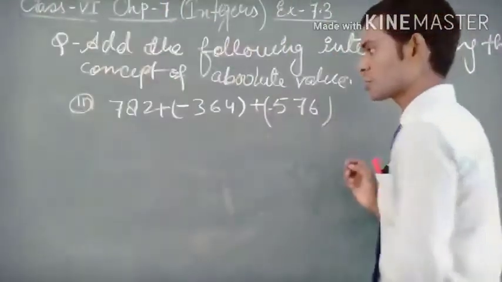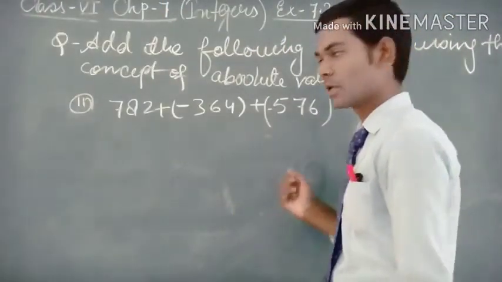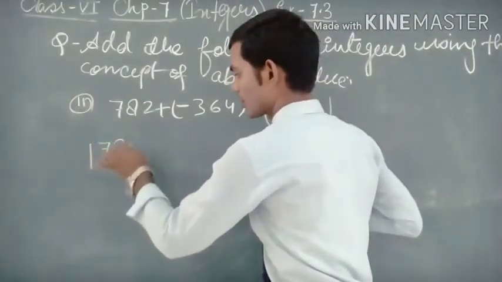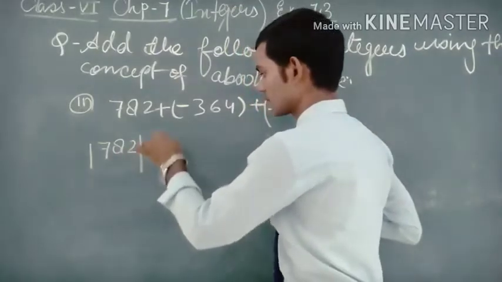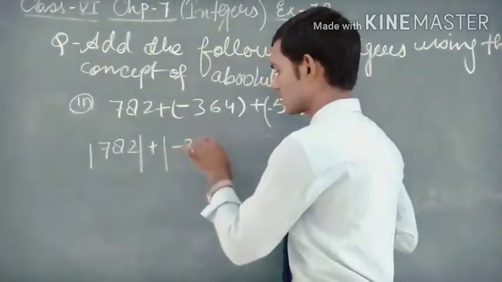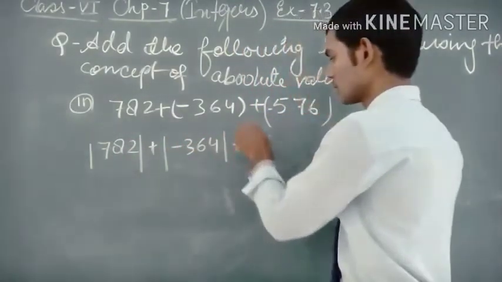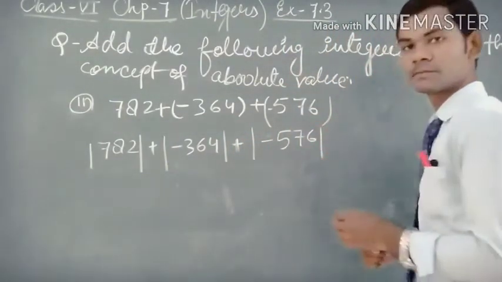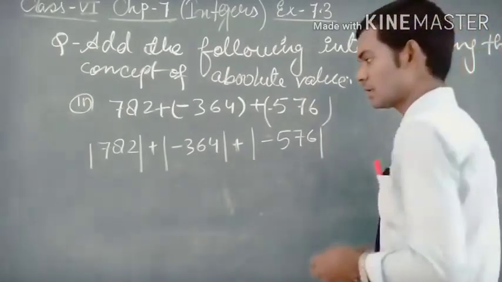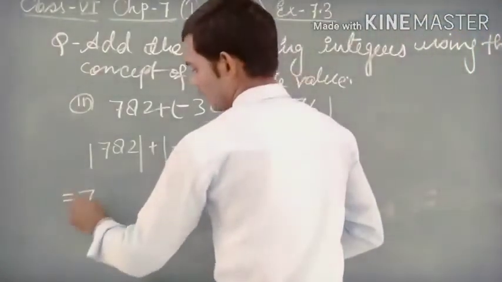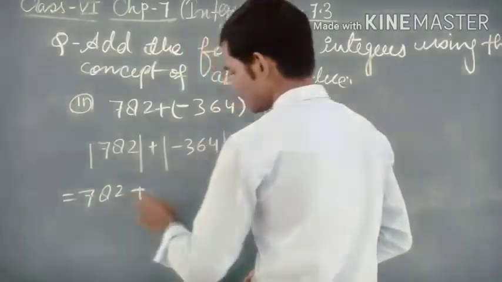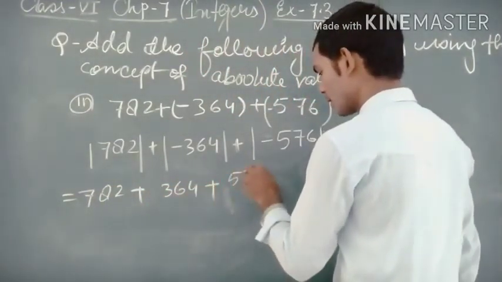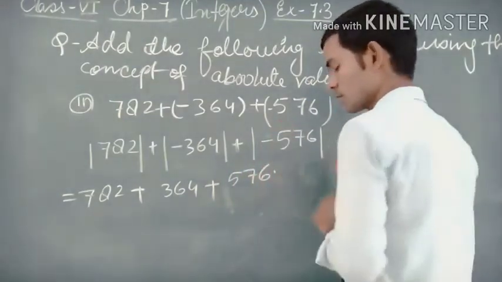So here, first of all, we shall write them in the modulus form like this: 782 plus minus 364 plus minus 576, and then we get 782 plus 364 plus 576.